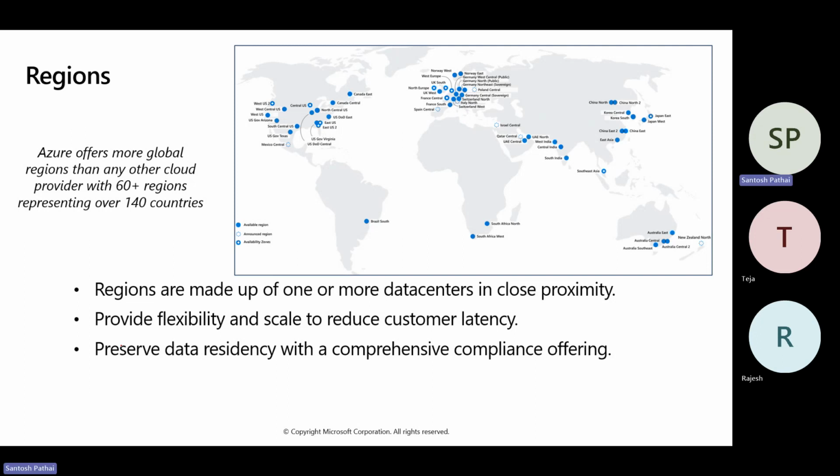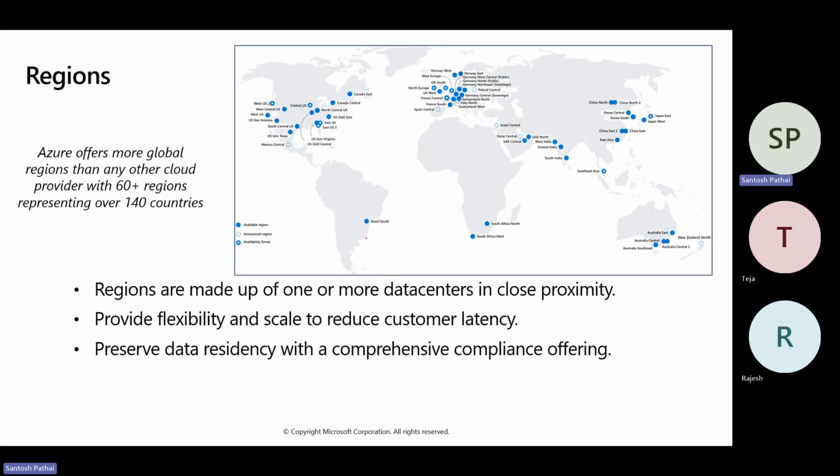And that region, for example South India, will have two or three or multiple data centers. These data centers are located in the same area, but they are far enough apart that if one data center is down, another data center will be up and running.